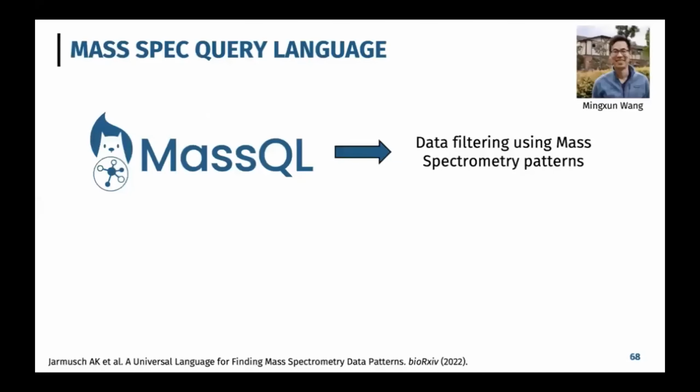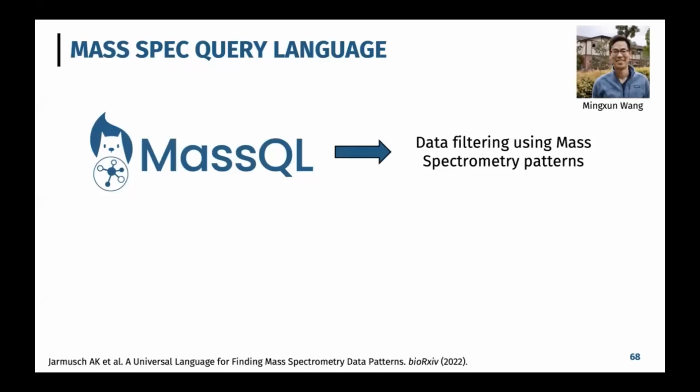And this is where MassQL comes in. You can think of MassQL as a pattern-based filtering mechanism. All of mass spectrometry, irrespective of whether you do imaging mass spectrometry, glycomics, proteomics, lipidomics, or metabolomics, is defined by only 5 characteristics.